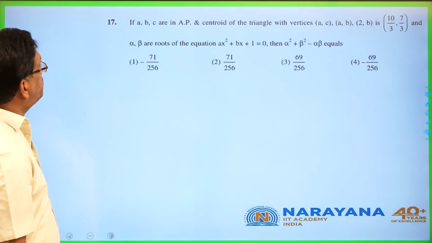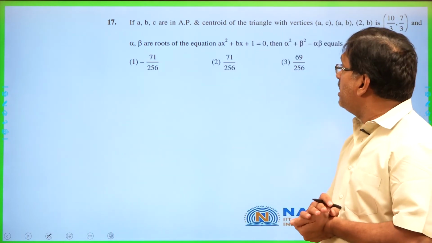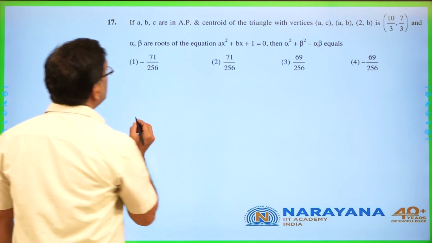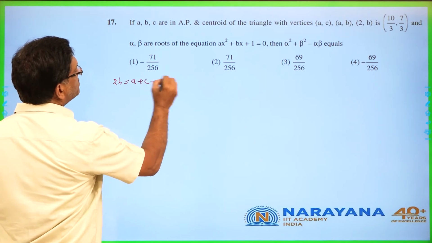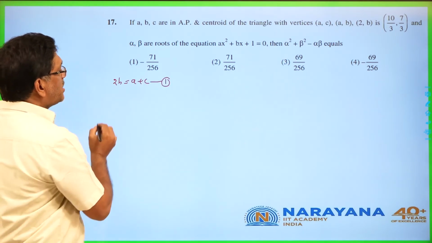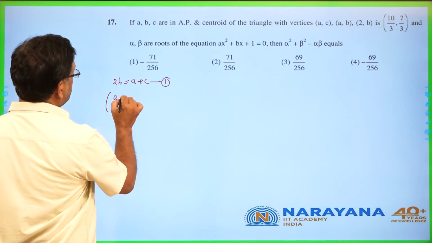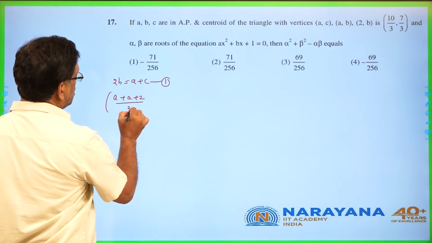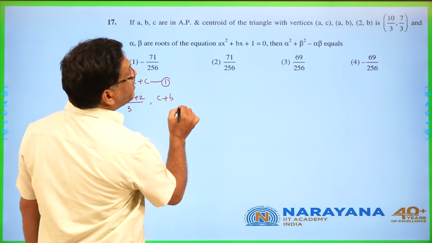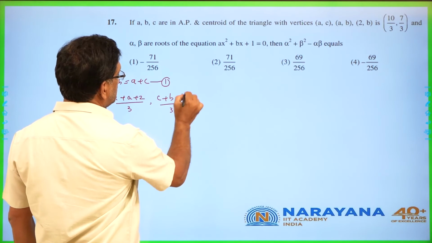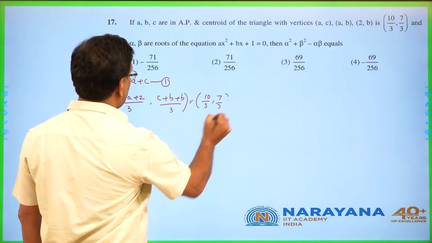Right. Question number 17. A, B, C are in AP, so 2B is equal to A plus C. The centroid of the triangle is ((A plus 2) by 3, (C plus B plus B) by 3), and he has given this as (10 by 3, 7 by 3).